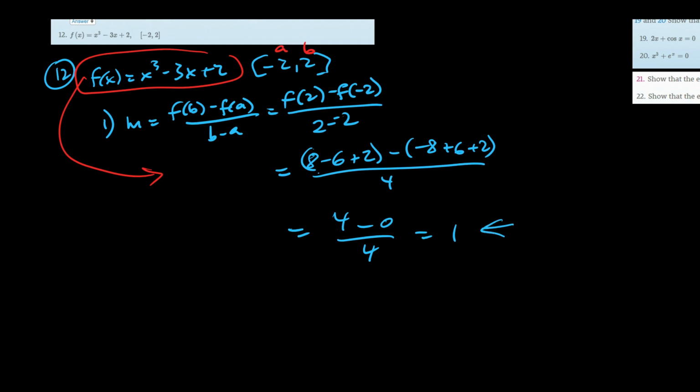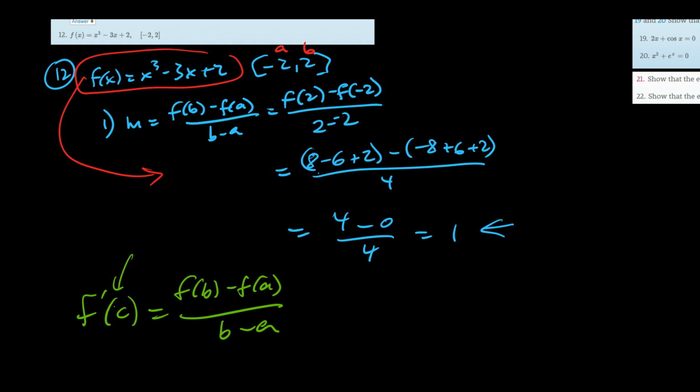So now we have to find the C value that satisfies the derivative of that. So the end of the mean value theorem says f prime of C is equal to f of b minus f of a all over b minus a. So we're going to find the C value for which this slope is 1. So I'm going to take the derivative of my function. So f prime of x is 3x squared minus 3.